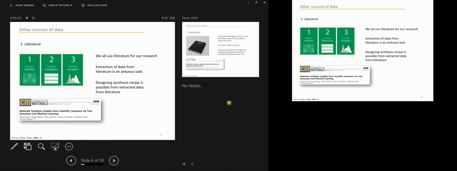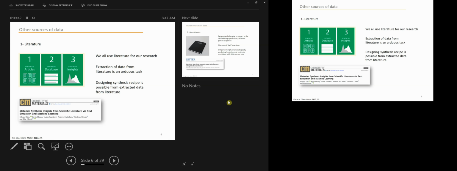So we have all these databases that we could use for our modeling, but what are the other sources that we could potentially use? Whenever we want to do research, the first thing we refer to is going back to literature. Literature is a very dense set of data. However, the problem with literature is that it's not written in an organized way.